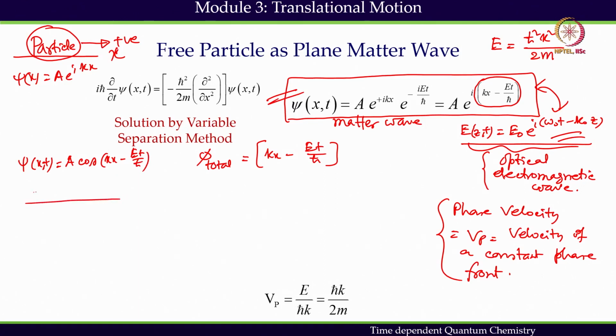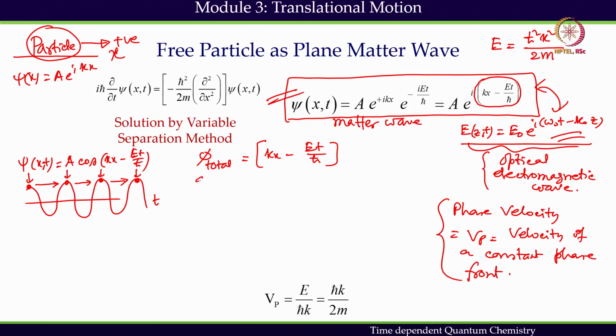After each particular time, this particular phase is repeating, and that's called constant phase front. So, I could ask this question, with what velocity it is repeating, or with what velocity it is propagating, that's the constant phase front propagation.